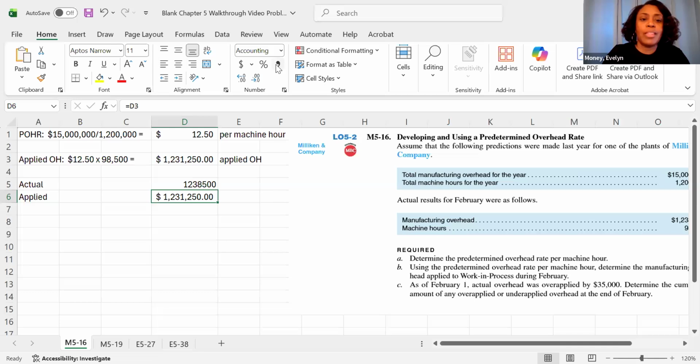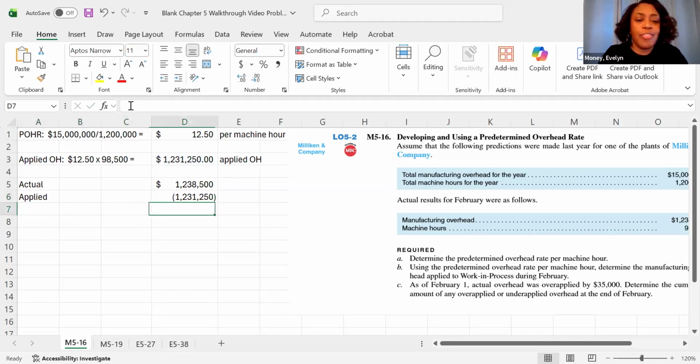Then we're going to take the difference between those two, so we're just going to subtract them.